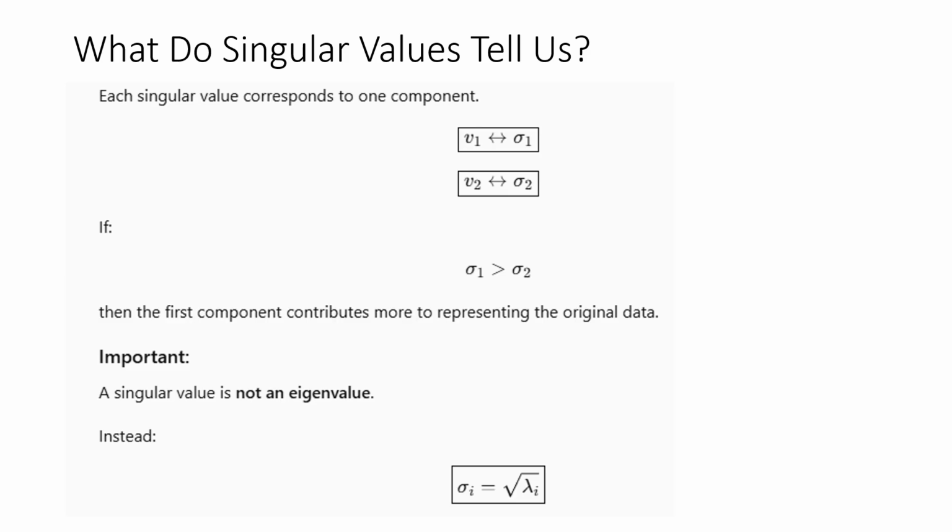Since sigma 1 and sigma 2 are arranged in descending order, sigma 1 has the higher value. It shows the strength or the importance of the direction that we have found. Since sigma 1 is larger than sigma 2 and sigma 1 corresponds to V1, it tells us that this V1 has higher importance.